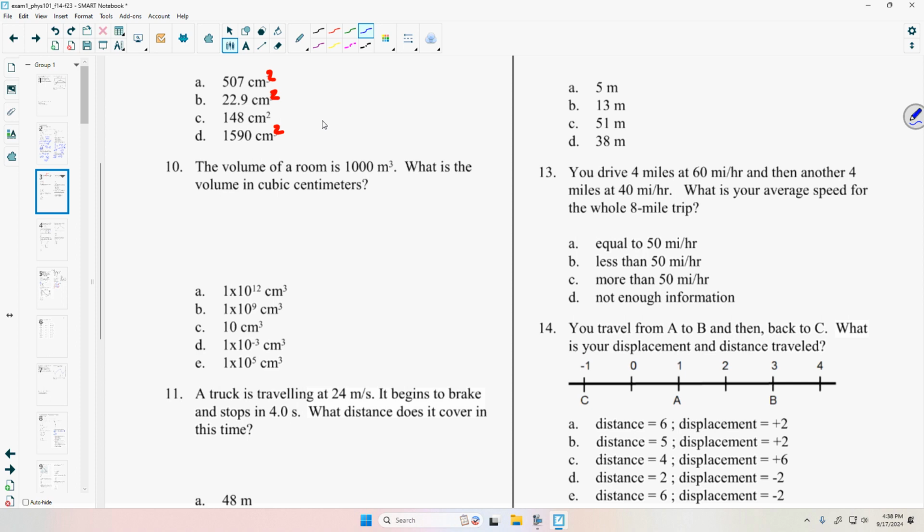That means your average is going to be skewed towards the slower speed, so it's going to be below 50. You can calculate the time required for each distance, but it's easier to say I'm traveling for a longer time at the slower speed, so my average is going to be less than 50.